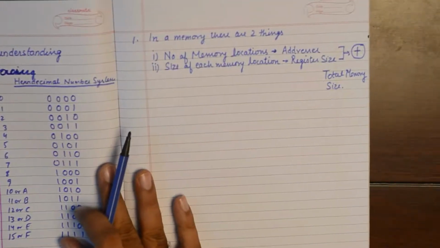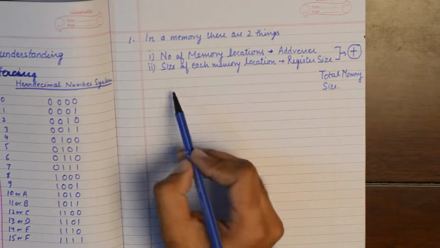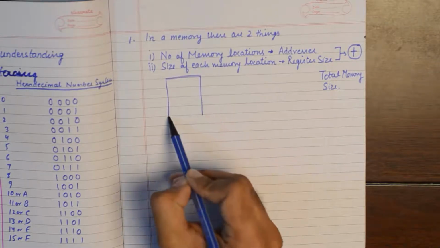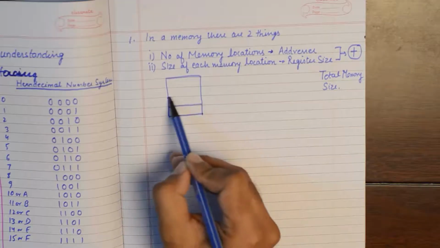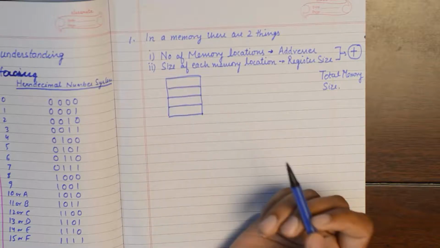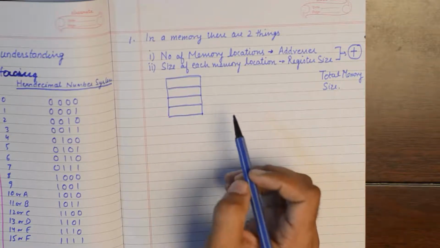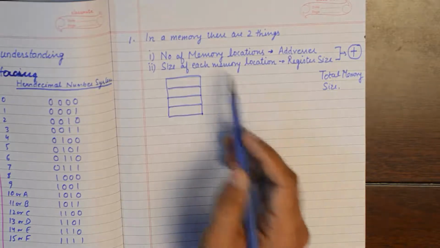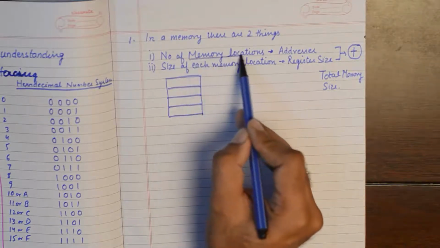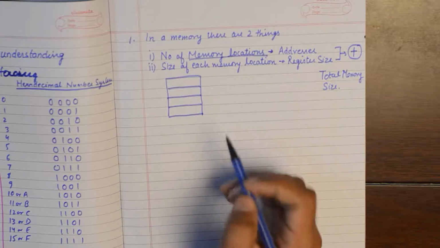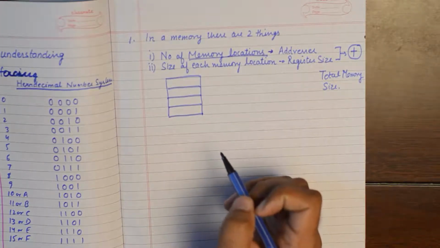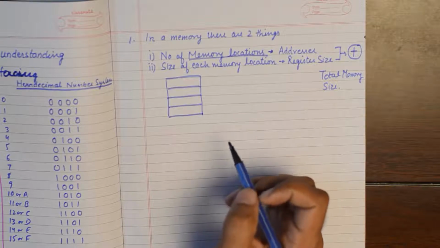So for example, if I have a memory with 4 addresses, in other words, if a memory has 4 different locations, we would need 2 bits to represent each location.